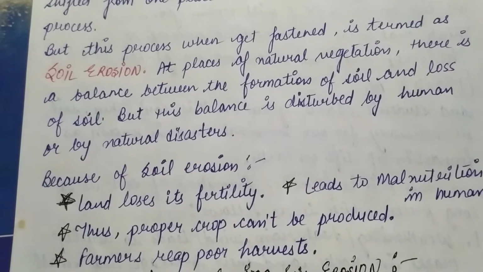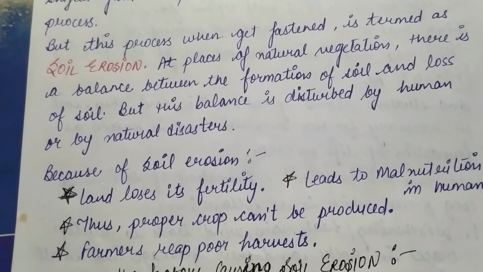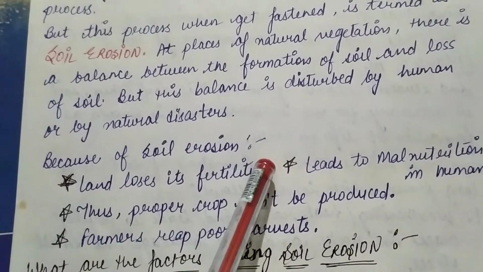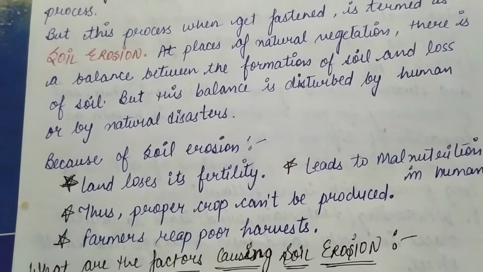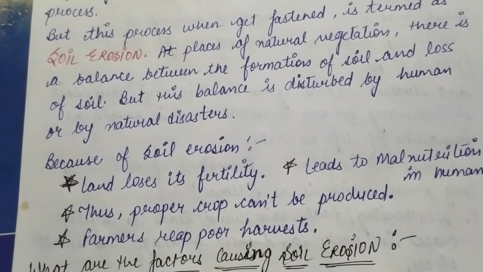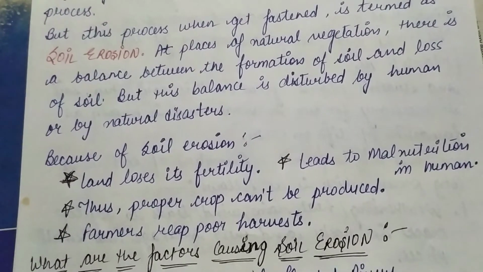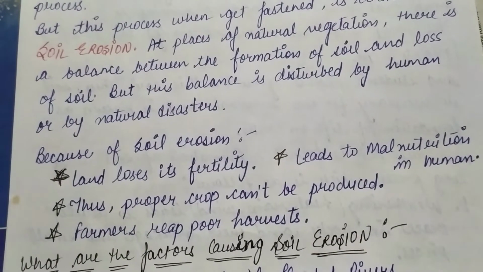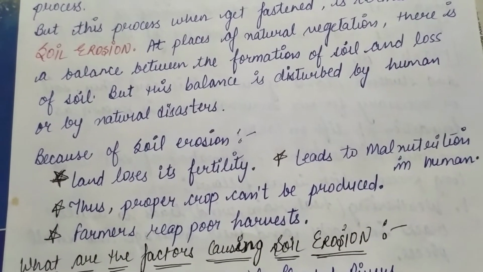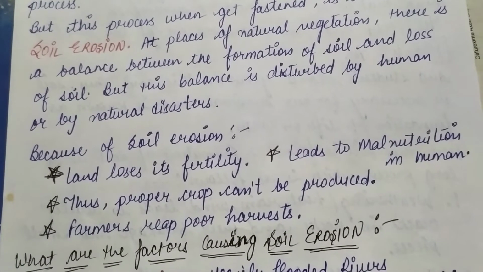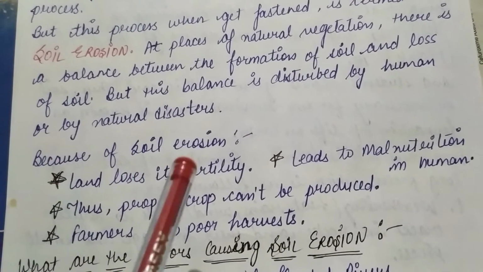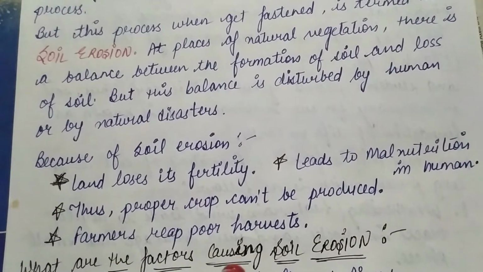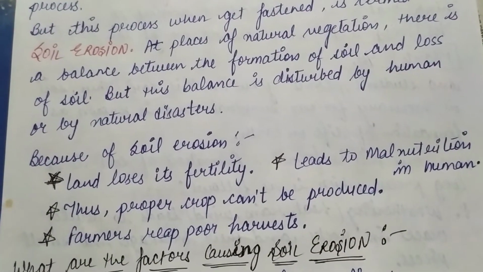Now, soil erosion has many effects. Because of soil erosion, land loses its fertility because the upper layer of soil has manure and many more fertilizers in it. So when the upper layer of soil is removed, the land loses its fertility and thus proper crops can't be produced.